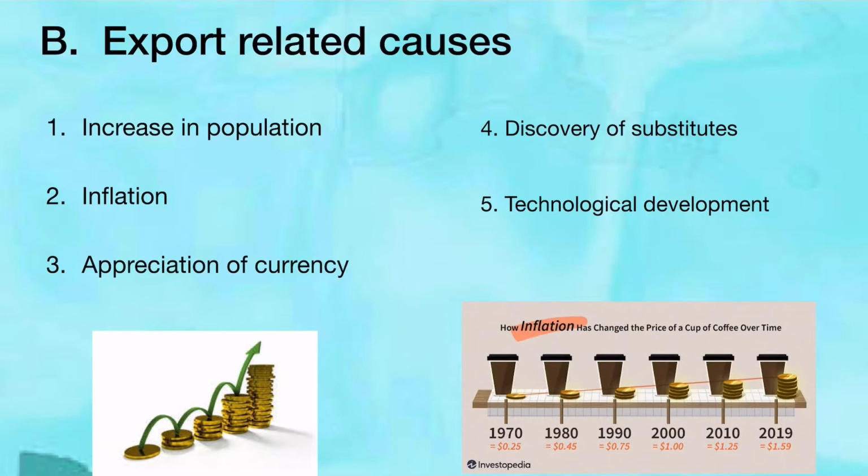They will receive less money, because previously how much did they used to receive? 60 rupees. Now how much are they receiving? 50 rupees. So how does this affect export? It reduces the demand for export goods, right?